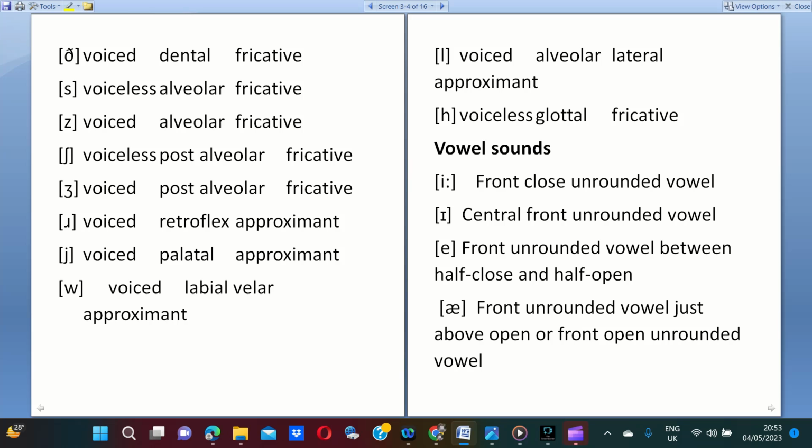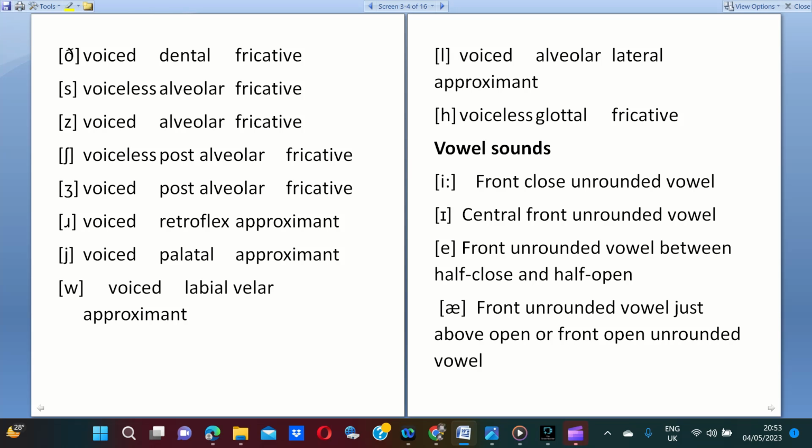Sh, sh is voiceless. Here the middle part of the tongue goes against the post-alveolar region. Where is the post-alveolar region? Just after the alveolar region, before the hard palate. This is the space available, the post-alveolar space.